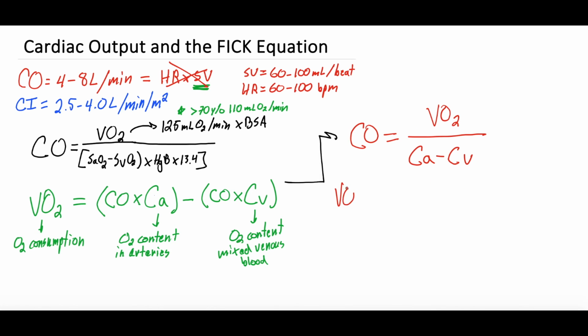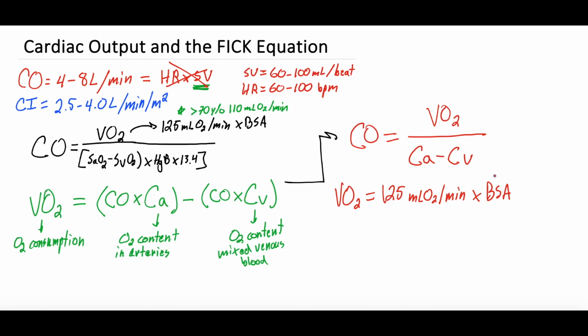Well, oxygen consumption, we actually can use somewhat of a constant for, because studies have shown that the average person consumes 125 milliliters of oxygen every minute, depending on their body surface area. So we sub in this 125 milliliters of oxygen per minute times body surface area to the top numerator for oxygen consumption.